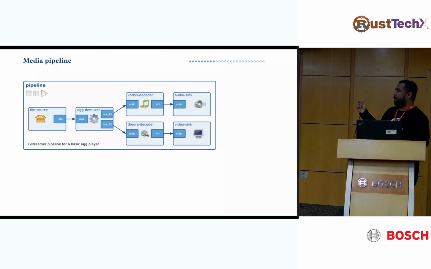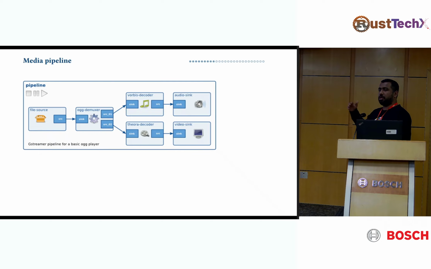So let's look at just a bit more complex pipeline. What this pipeline shows is basically if you have an OGG encoded media file, which might have video or audio, it shows the pipeline for that. So we have a few elements or blocks there. There is the file source. The file source is basically going to read from the file that you want to decode and maybe play out primarily.